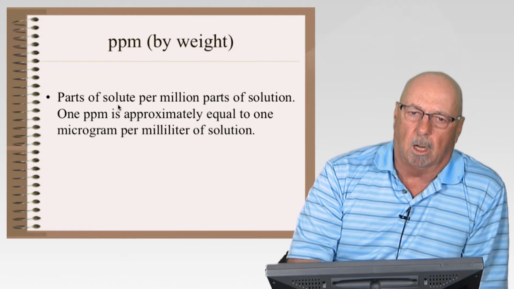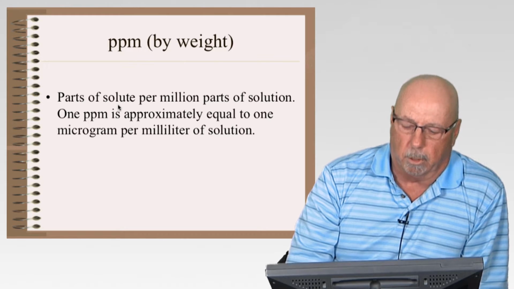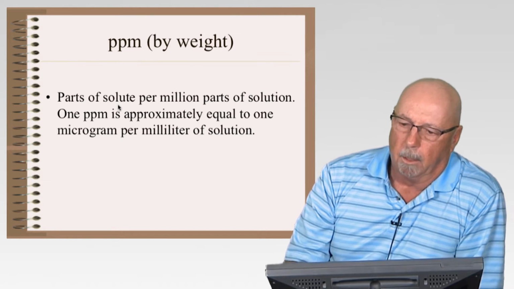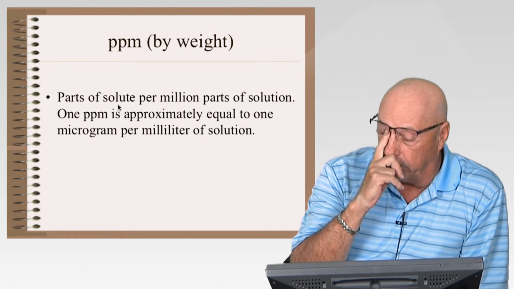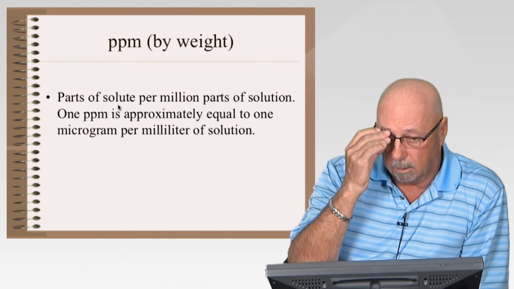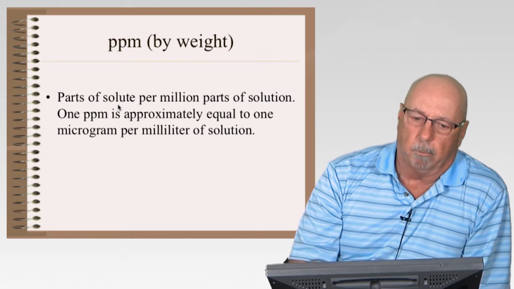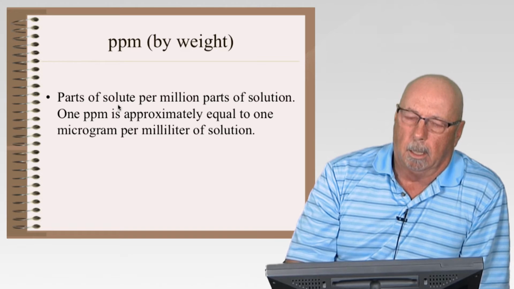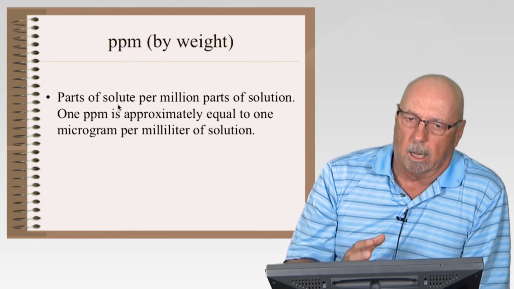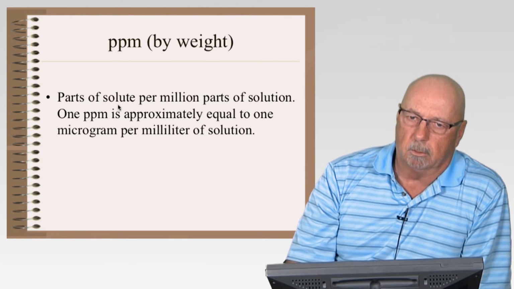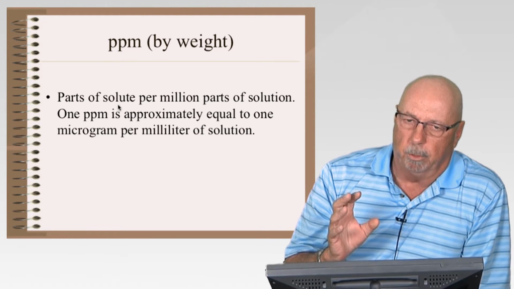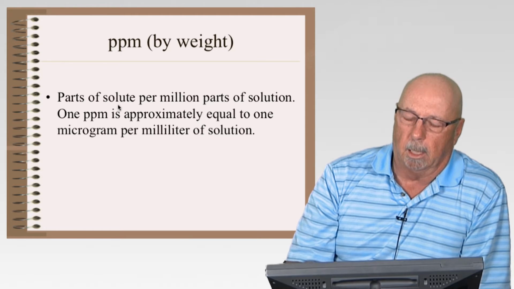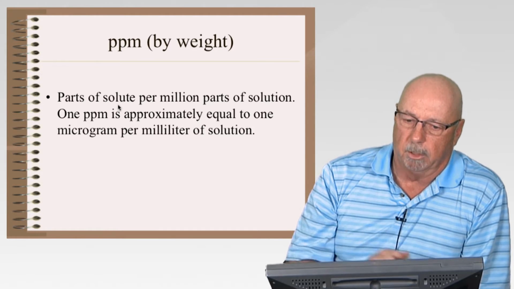Well, we talked about expressions of concentrations, and one of them that we frequently see is parts per million. Now, you can express parts per million either by weight or by volume. And oftentimes in your environmental work, when you're doing soil samples or water samples, you're going to see the reference of parts per million. That reference is going to usually refer to the parts per million by weight of a material.